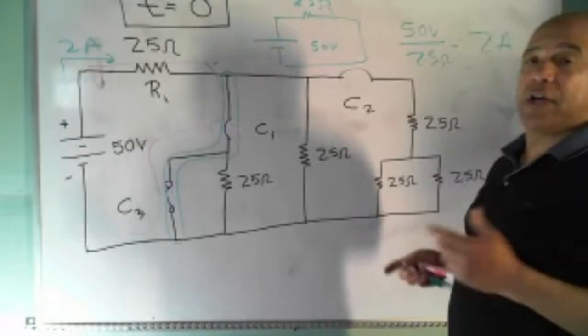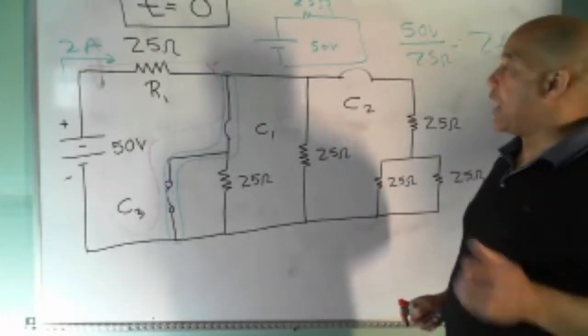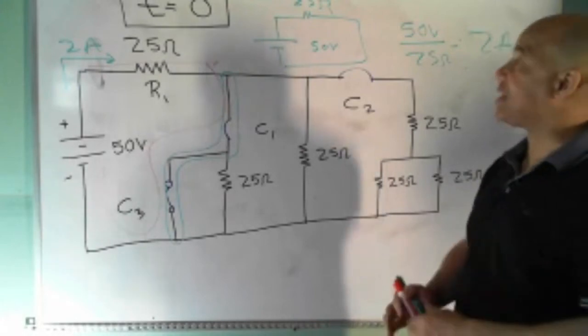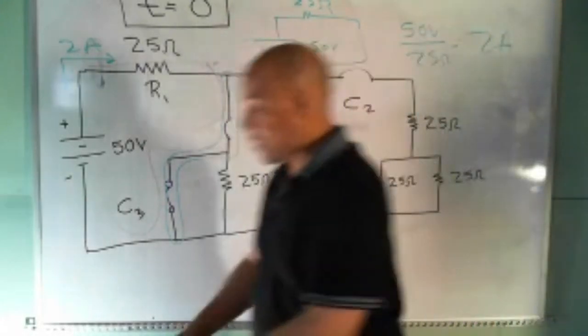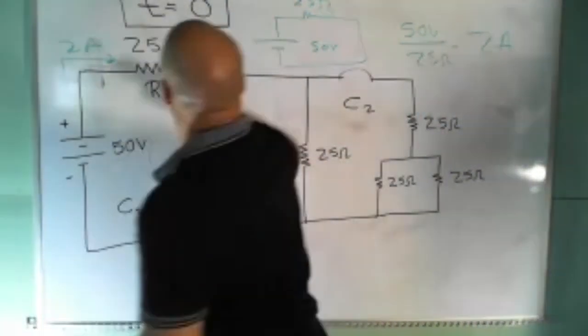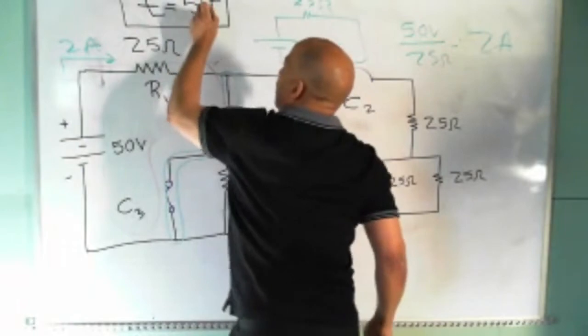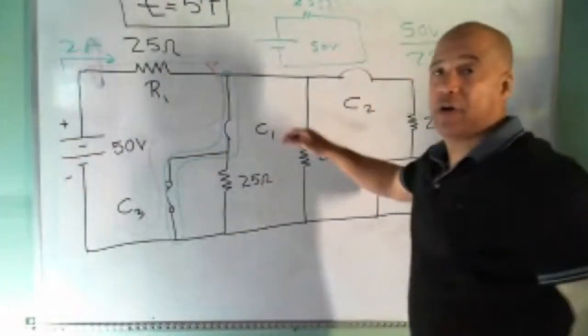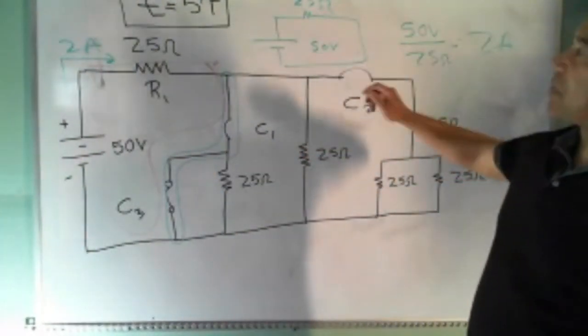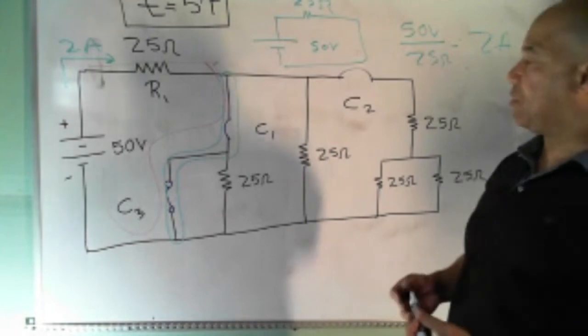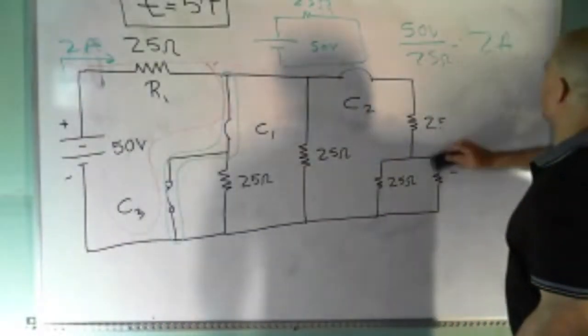Okay, now, here's what I want to do. I want to do the same problem, but this time we're going to go from t equals 0 to the other end of the spectrum. Now t is equal to 5 tau. So if you're drawing this, redraw the circuit, and then this time solve it for 5 time constants. So I'm going to erase it, and you go ahead and do it the way you think you should do it.